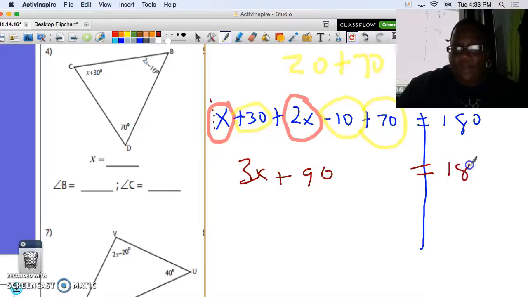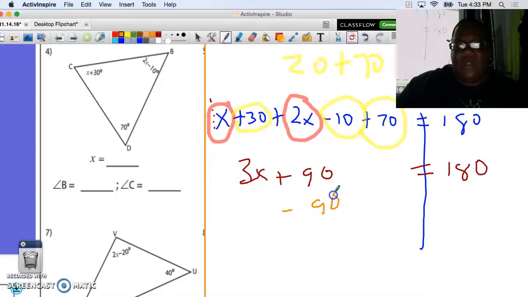Yep. Good. Okay. So, and I just brought down everything else. Now that I combine my like terms, I will now start getting x by itself by first removing the 90. We always remove by doing the adding or subtracting first. Remember that when you start getting to two-step equations and multi-step equations. And then we do any multiplying or dividing.